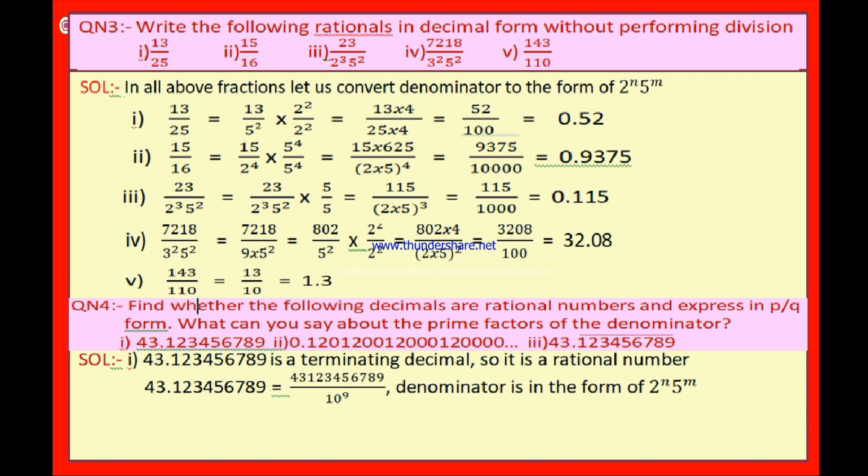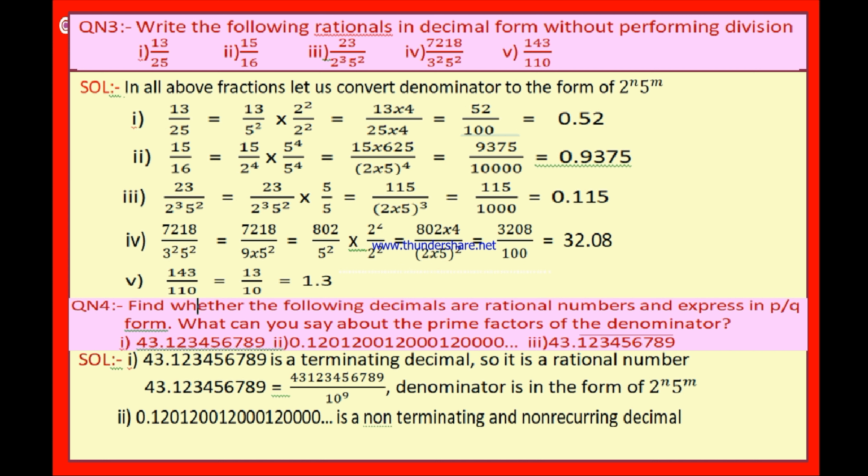Now look at the second bit. 0.120, 1200, 12000 and so on. It is a non-terminating decimal. The decimal places are not ending with the last digit 0. Still it is going on with more digits. Therefore, it is non-terminating. And is it recurring?